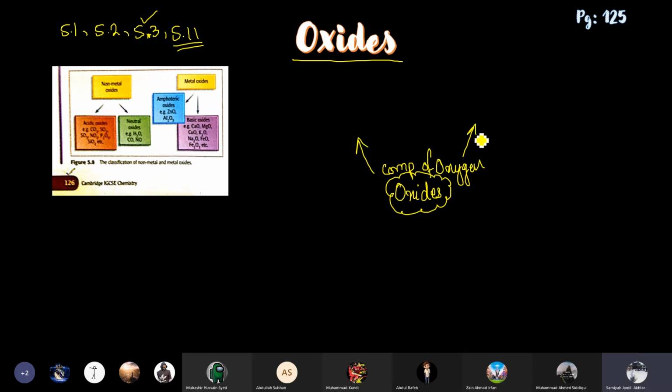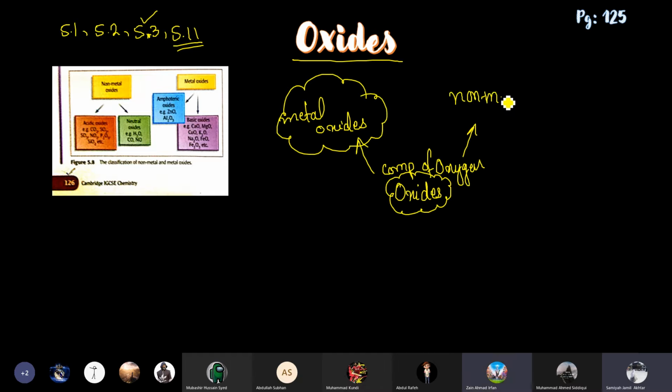There are two types. When metals react with oxygen, they form metal oxides. And when non-metals react with oxygen, they form non-metal oxides. Very simple classification.